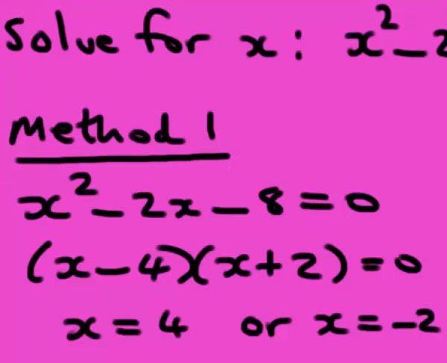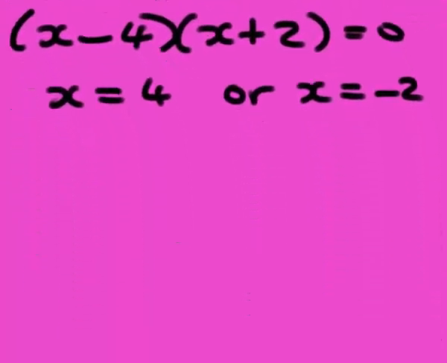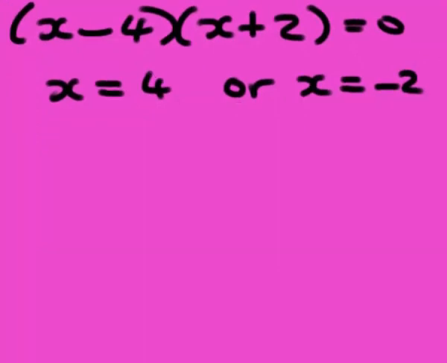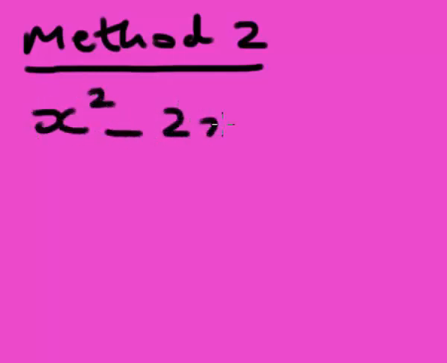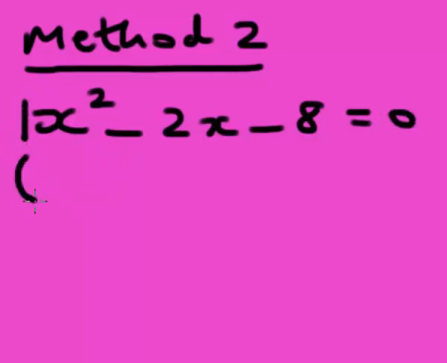Now, what I want to show you is the quadratic formula approach. How does that work? Very simply put, method 2 is the quadratic formula. Whenever you have a trinomial or a quadratic equation that you're battling with, you can automatically use this formula to solve the equation. We treat that as a equals 1.